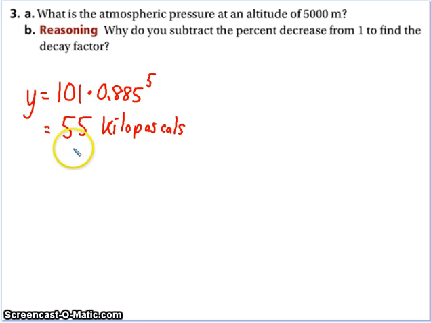Okay. So at 5,000 meters, we went from 101 to 55. It makes sense because for 3,000 meters, we went to 70. Okay, and why do you subtract? Because it's a decay. It's eroding, it's going away. That's why we saw the negative slope of that line. Okay, so this is decay. It's different from growth.